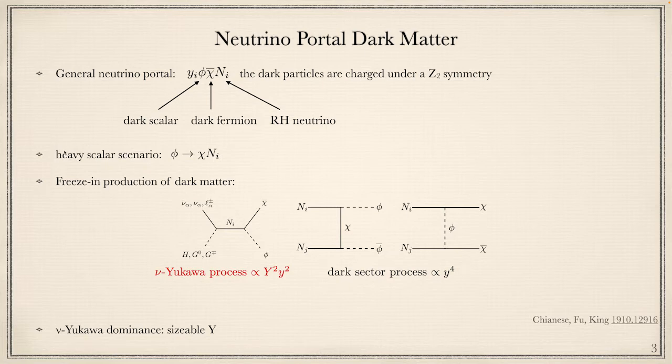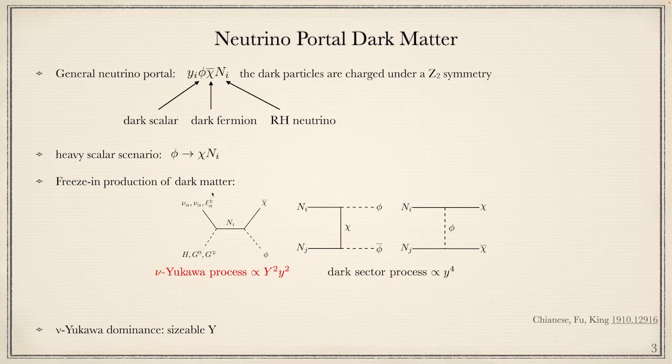In order to simplify the study, we focus on a scenario called the heavy scalar scenario. In such a scenario, the dark scalar is the heaviest one in the neutrino portal, and it can decay into a dark fermion and a right-hand neutrino, while the dark fermion chi is stable and can play the role of dark matter candidate.